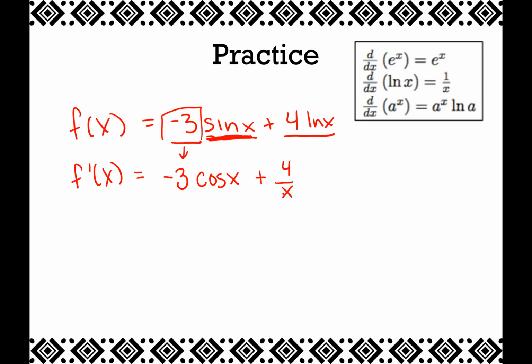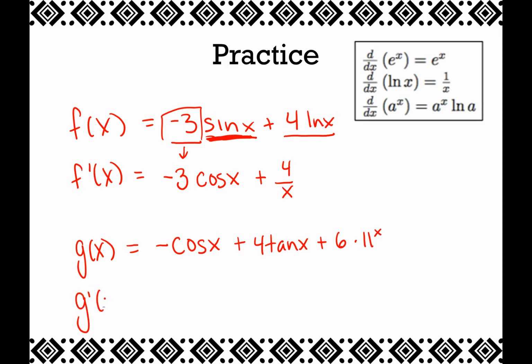Let's try another one. What about g of x equals negative cosine x plus 4 tangent x plus 6 times 11 to the x. What's the derivative of that? Well, first of all, we can think of this, if you want, as a negative 1 times cosine x.